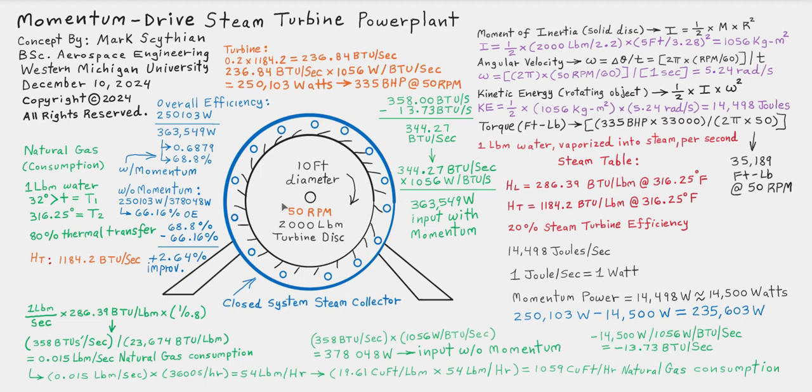So the environmental impact of burning this type of natural gas with catalytic reheating and this giant 10-foot diameter turbine disc contained inside a closed system steam collector, and then maybe a little fenced-in chain link fence containment instead of a power station surrounded by chain link fence.